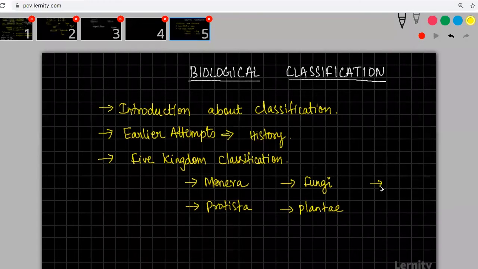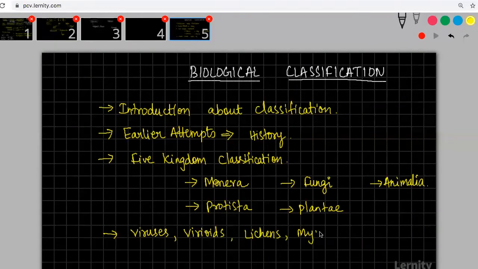And then you'll go for Animalia. And then finally, you'll study about viruses, viroids, lichens, and mycoplasma. Okay.